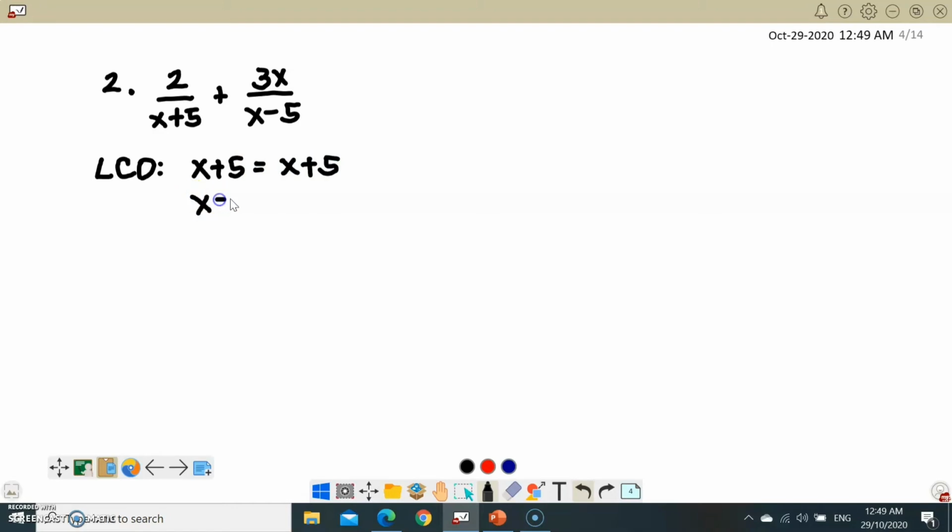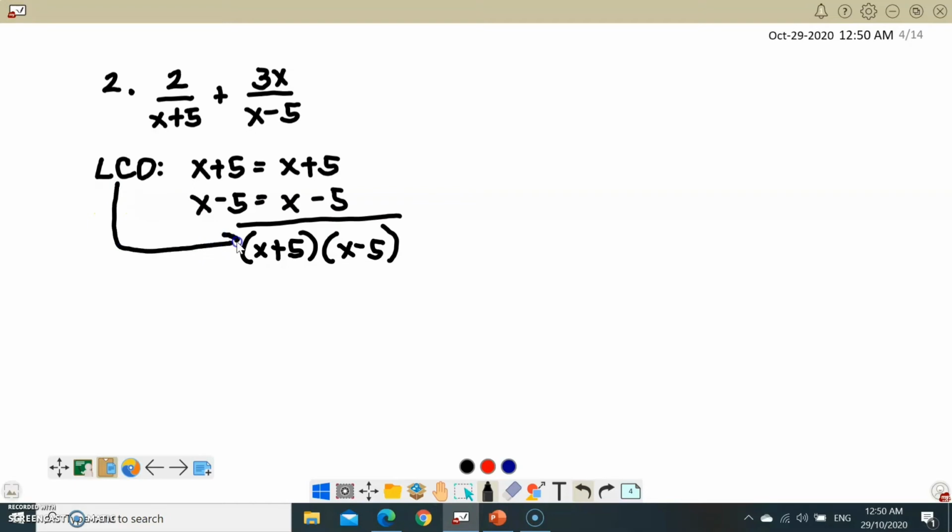Same is true with x minus 5, it's non-factorable, so the factor is x minus 5. Since there are no common factors between x plus 5 and x minus 5, we're going to bring down both factors. So we now have x plus 5 multiplied by x minus 5, and this will be our least common denominator, and we will use this as the common denominator of the given rational algebraic expression.